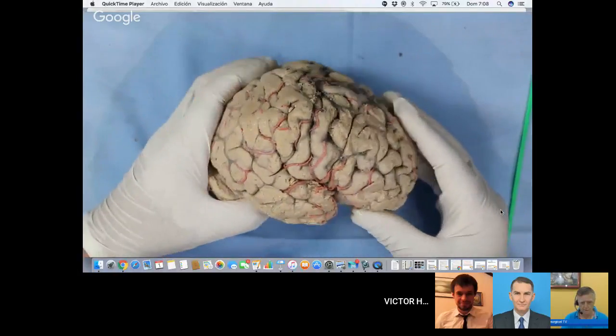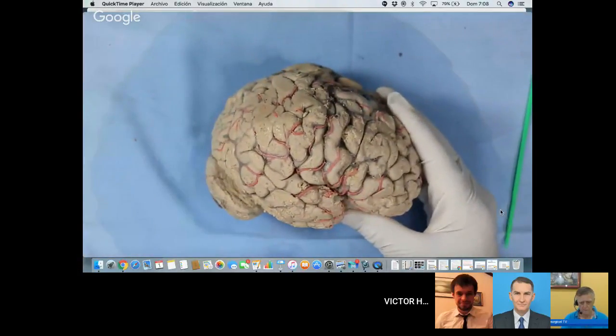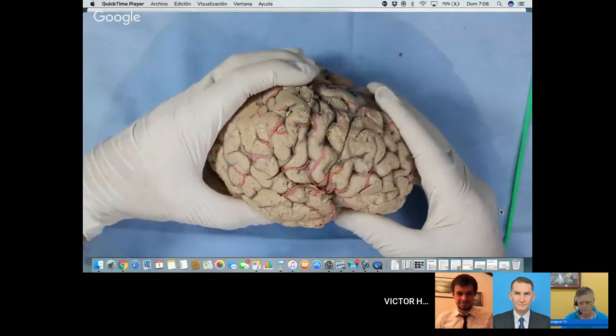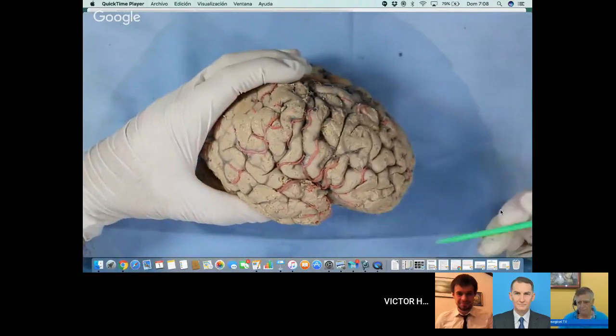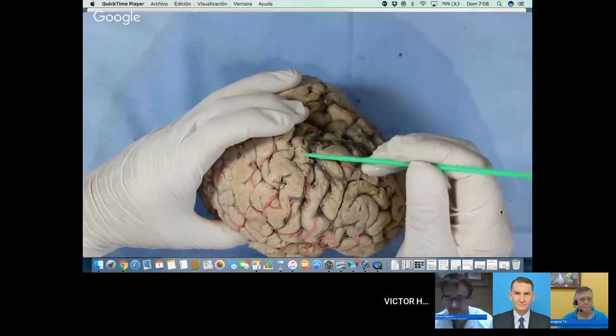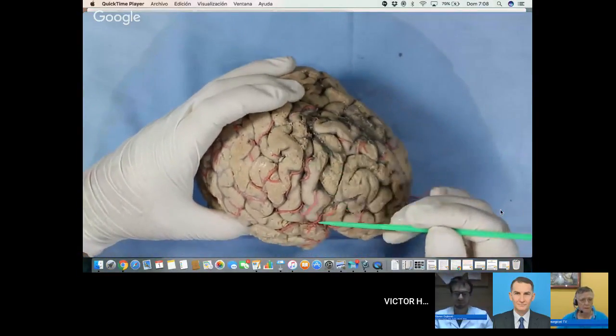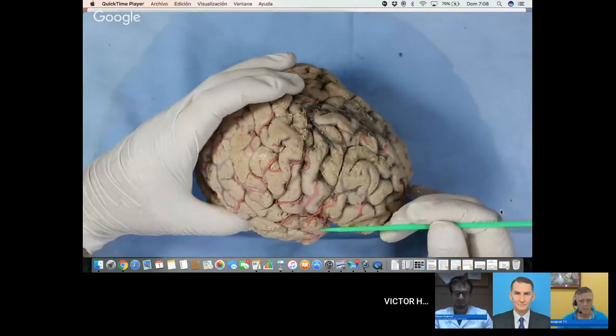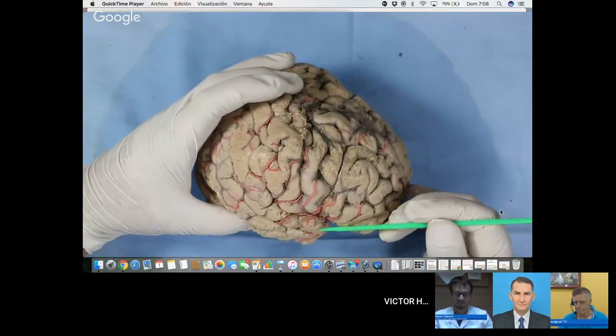So as you know, this is basic neuroanatomy, but for students and also for residents, it's very good to know this basic neuroanatomy. It is very useful.